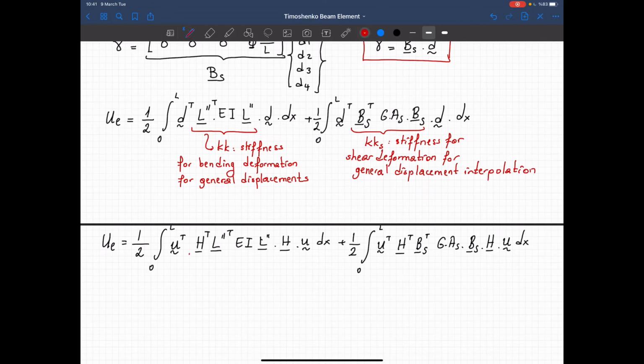So I will call this part of this expression KB. This is the bending stiffness. And this part of the equation as KS, which is the shear stiffness.